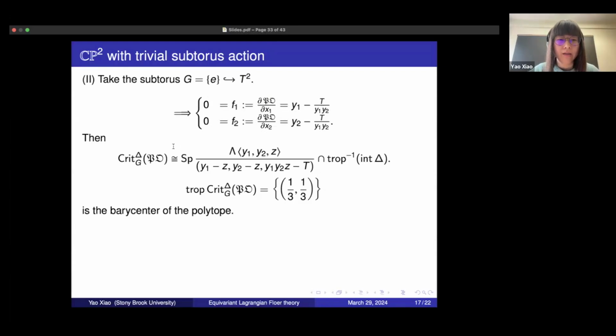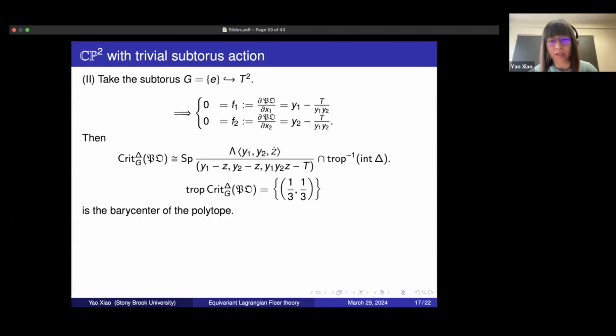Then this rigid space, which contains all the Lagrangians with bounding cochain data which have non-trivial equivariant Floer cohomology, would be identified with the intersection of this affinoid space with trop inverse of the interior of Delta. This space is again Lambda y1 y2 z over the two Laurent polynomials I consider, and there's a relation between the three variables.